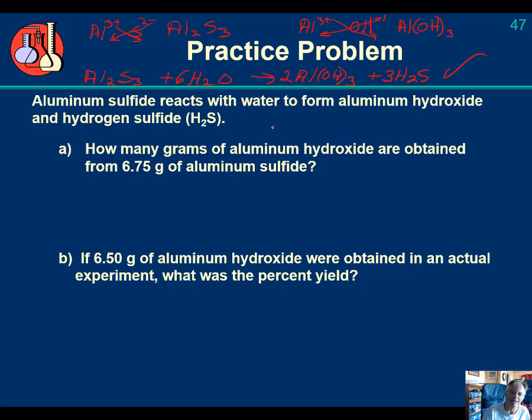All right, so how many grams of aluminum hydroxide are obtained from 6.75 grams of aluminum sulfide? So I have 6.75 grams of aluminum sulfide, and the assumption is that water is unlimited.